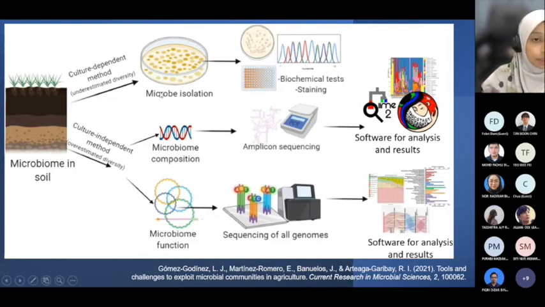But then getting the isolates is also very important so that we can focus on the specific microbes that are able to be put into that group of biofertilizers, those PGPMs, so that we can use that specific PGPM in order to improve the native microbiota of the soil. So something like that.